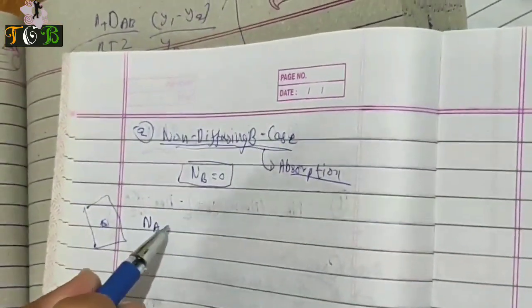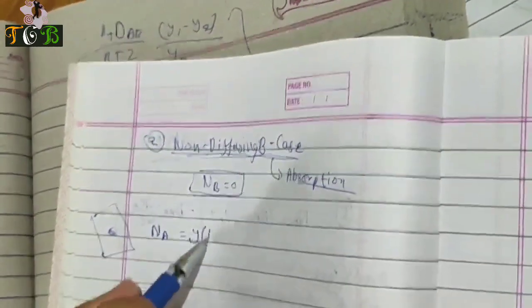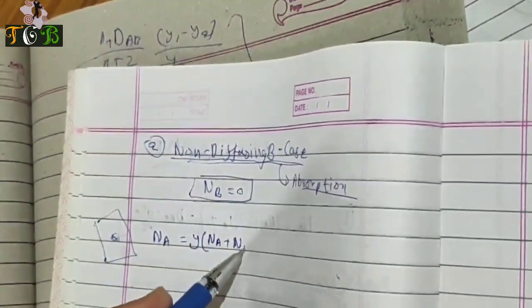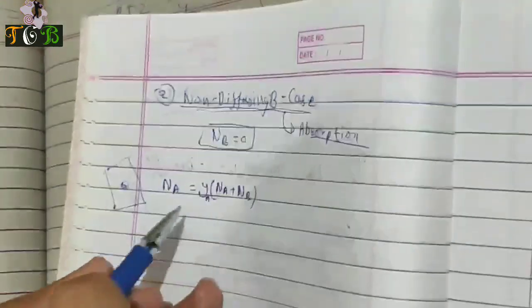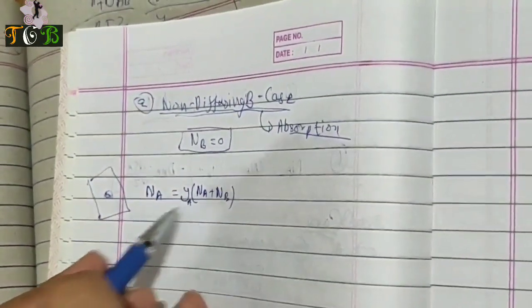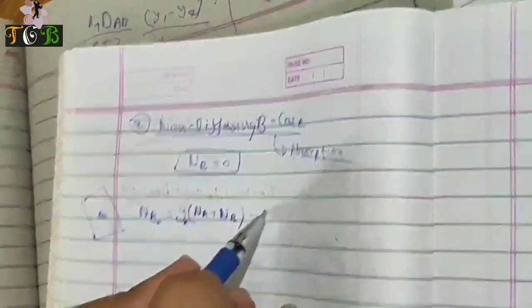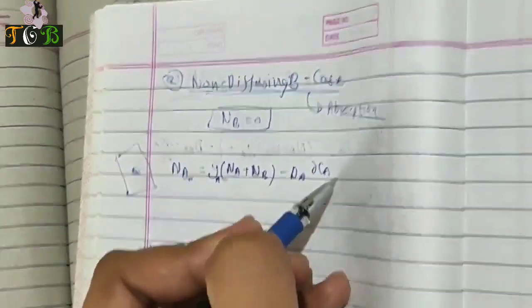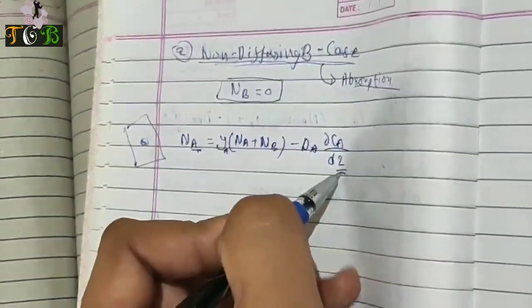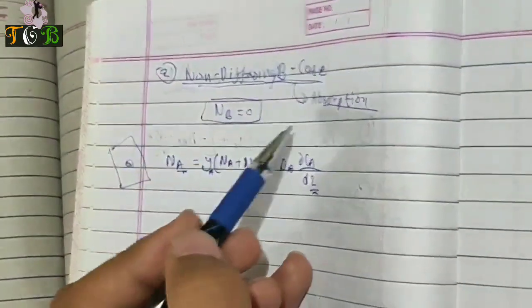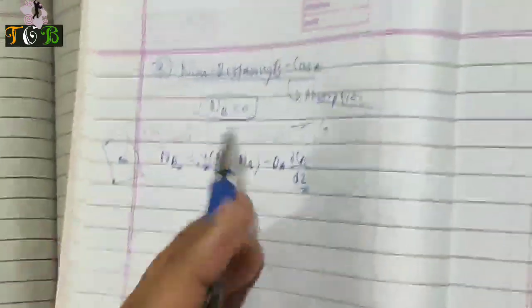But before that, go to the basics. We know the basic equation: Na equals y times (Na plus Nb), and y is actually Ya, the mole fraction of the A component, because we are finding the rate of A, minus Dab dCa by dz. Mass transfer is in one direction, which is the z direction. It is really easy.